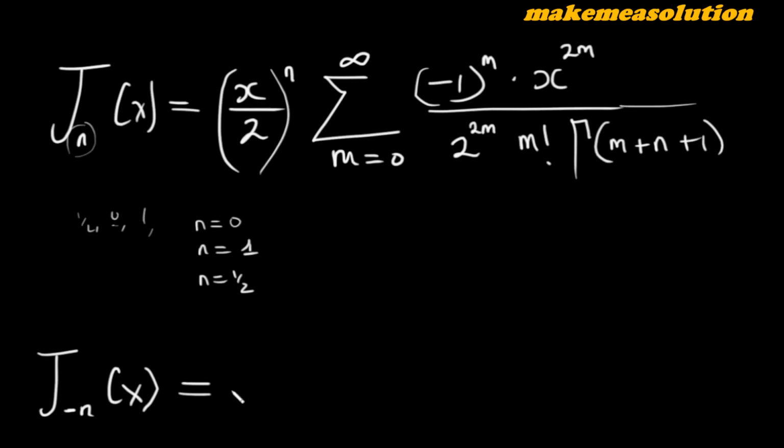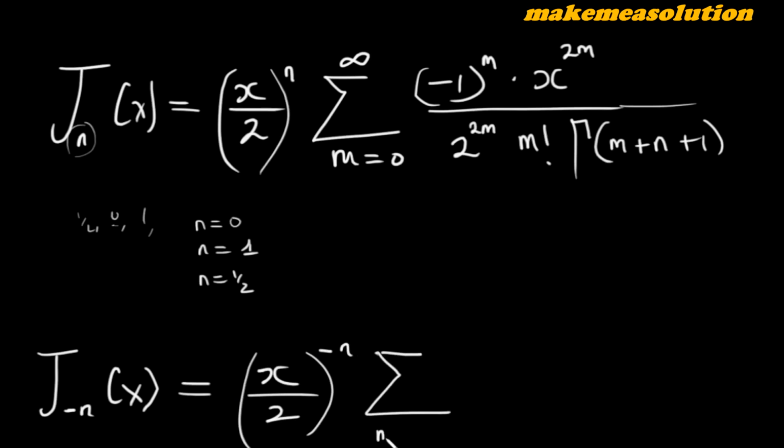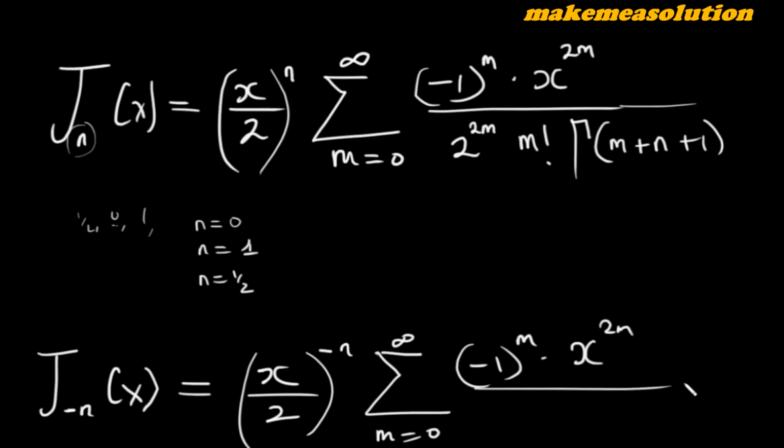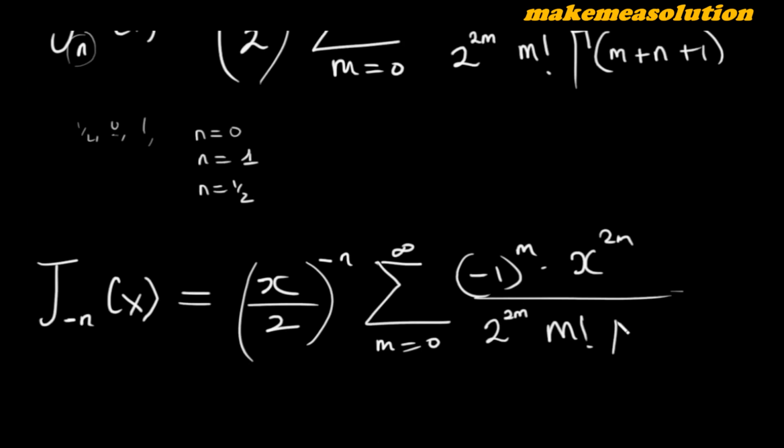It's still the same thing as you having x over 2 raised to the power of minus n, and you now have your summation m from 0 to infinity of (-1) raised to the power of m, then x raised to the power of 2m, all over 2 raised to the power of 2m, m factorial, then you now have your gamma function, which is still the same thing as gamma of m, then instead of plus n it will be minus n, and you now have plus 1. Is that okay? So this is for negative order, just in case.